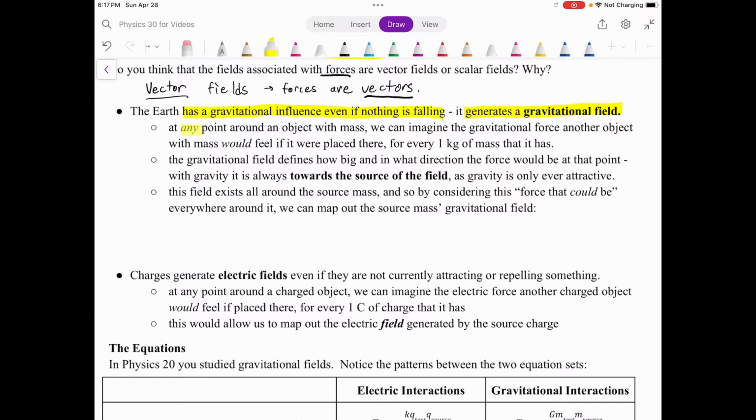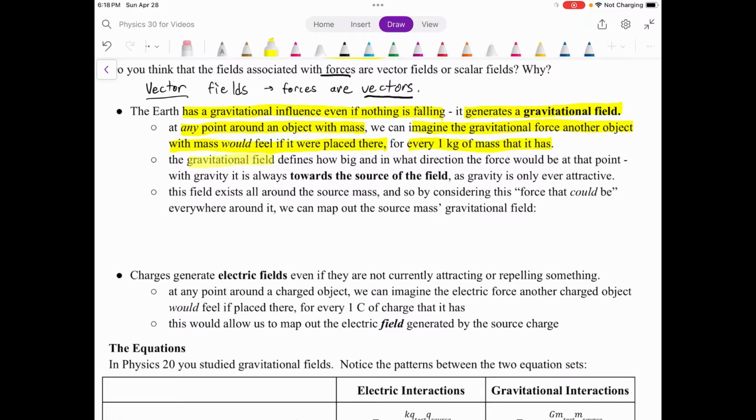And at any point around an object with mass, any point at all, we can imagine the gravitational force another object with mass would feel if it were placed there. Even if we don't actually have something to put there, we can still think about the force that an object with mass would feel if we placed it there for every kilogram of mass that it has, right? So it will feel this many newtons per kilogram of mass. That's the gravitational field, newtons per kilogram.